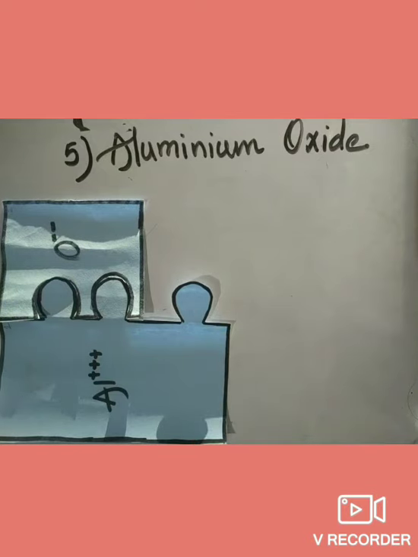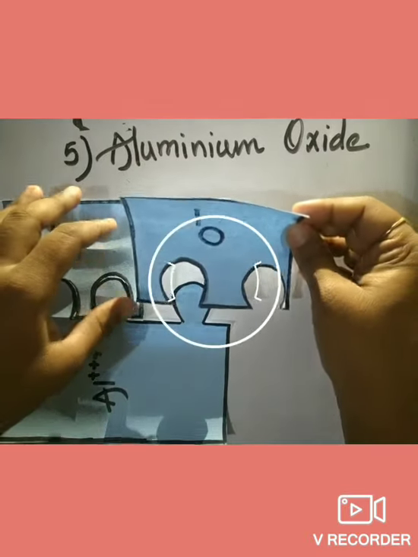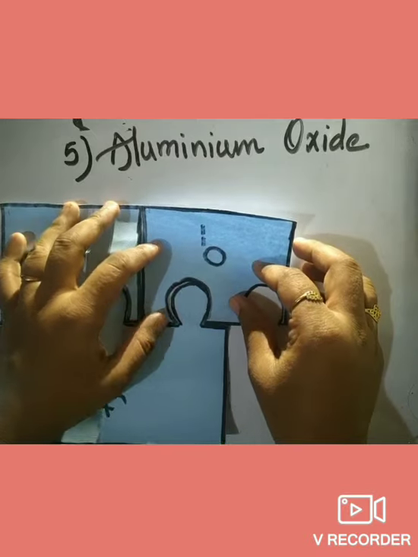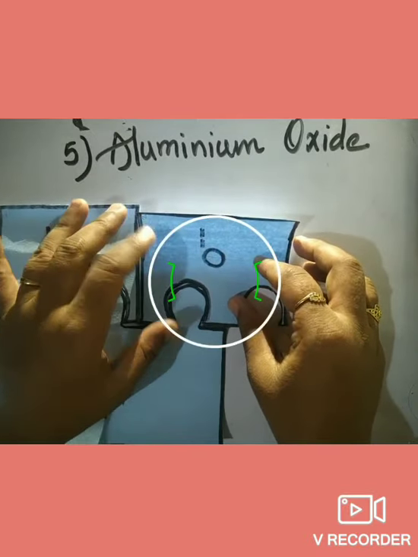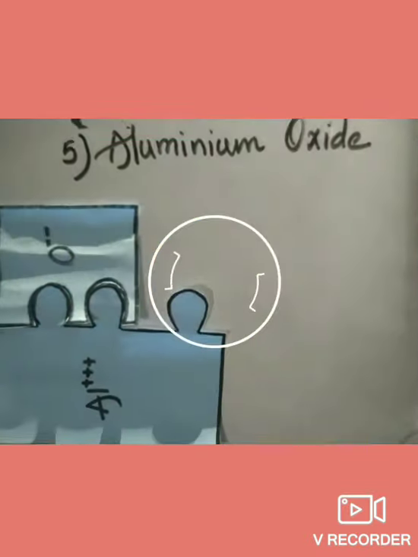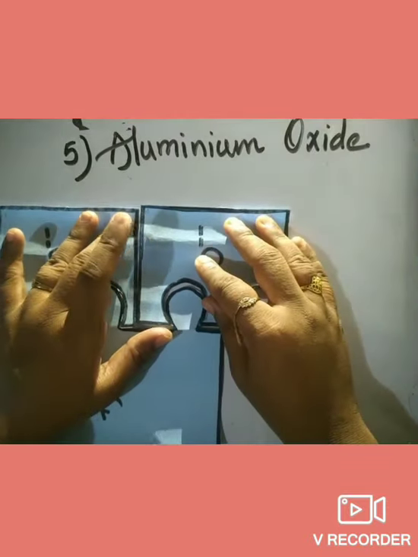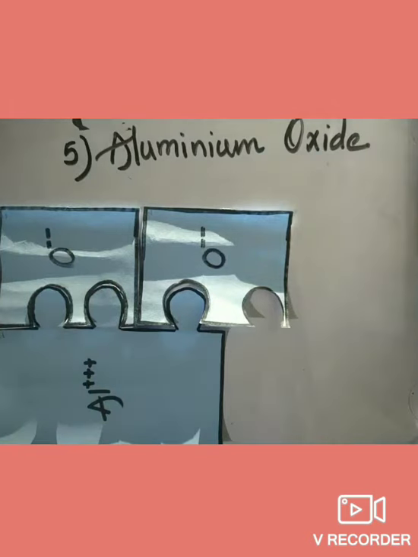So what I will do, I will use another oxygen and I'll put it here. Okay, so here I have taken oxygen. Oh, now 1 hollow part of oxygen is remaining. We have to fill it with the extra part.